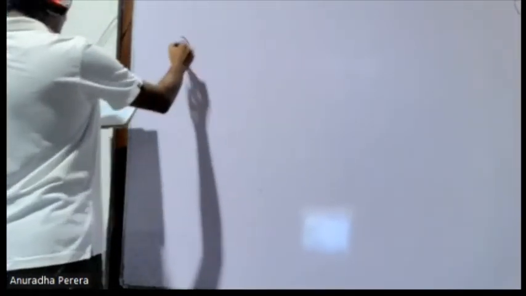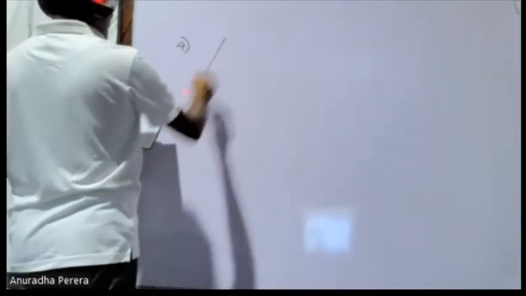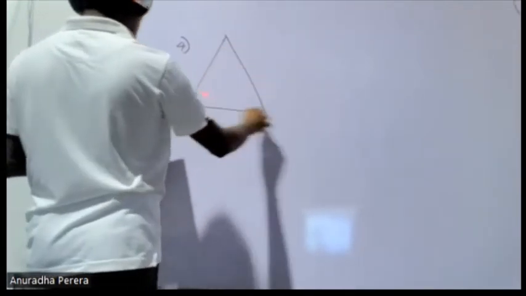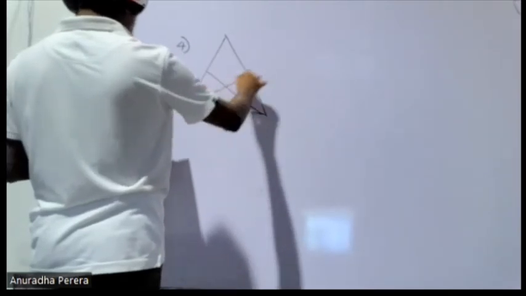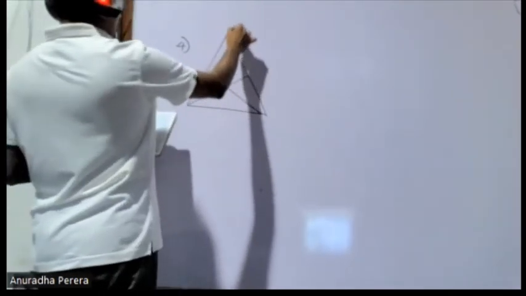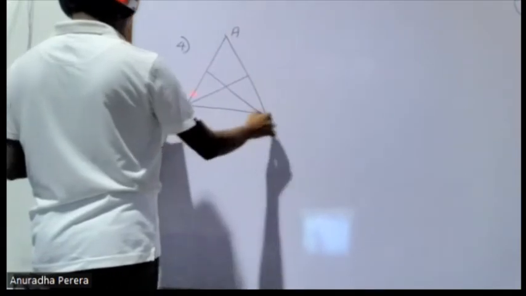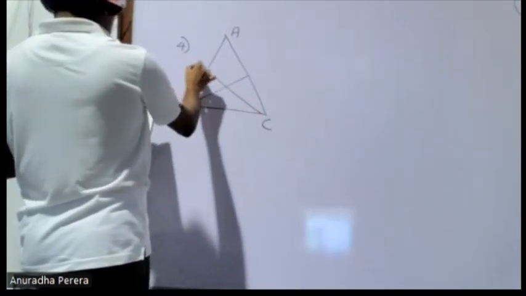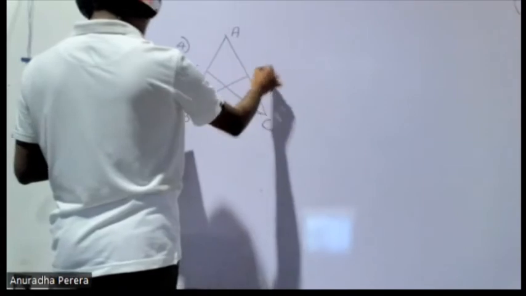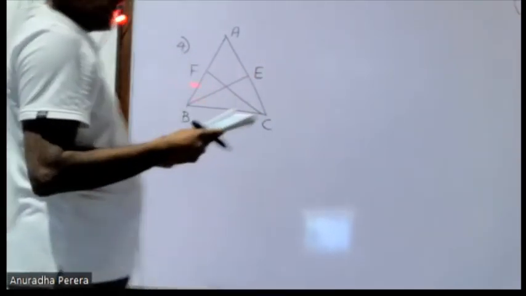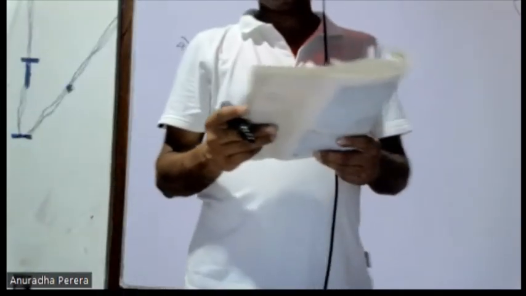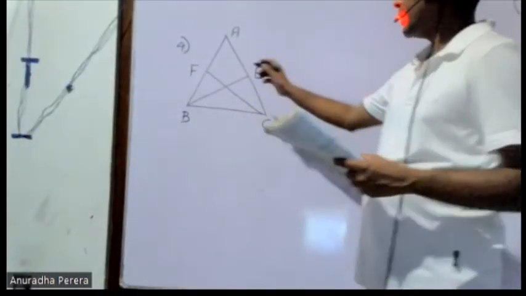Question number 4. ABC in the figure is an equilateral triangle, right?